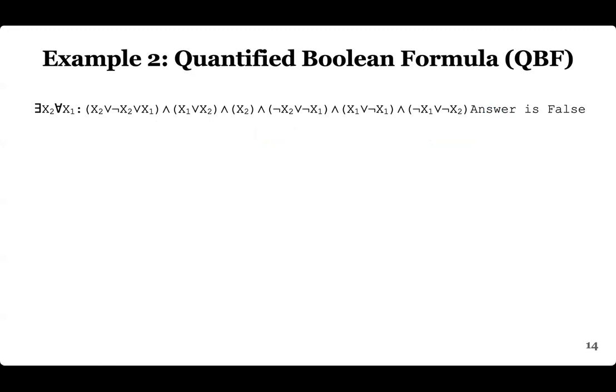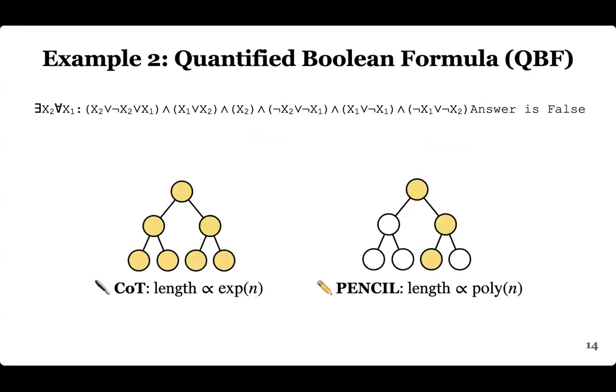in the QBF example. The reason why I mentioned this example is that for chain of thought, solving this problem, you have to try different value assignments for different variables. The maximal context length is exponential to the size of the problem. The size of the problem is defined as the number of variables in this Boolean formula.